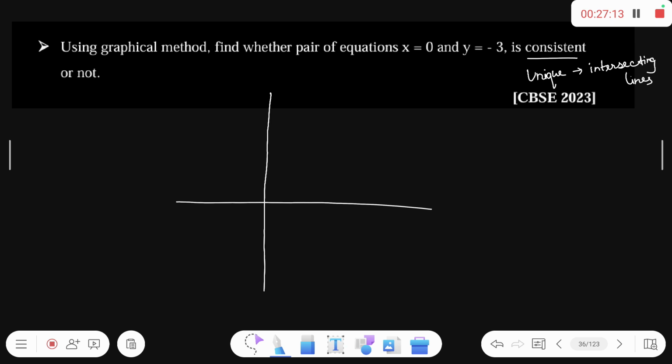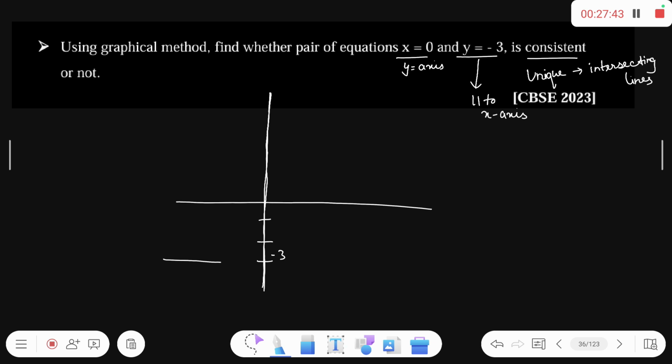X is equal to 0. For x equal to 0, that means it is the y axis, because on the y axis all x's are 0. For y is equal to minus 3, that must be a line parallel to the x axis. Minus 1, minus 2, it is minus 3.